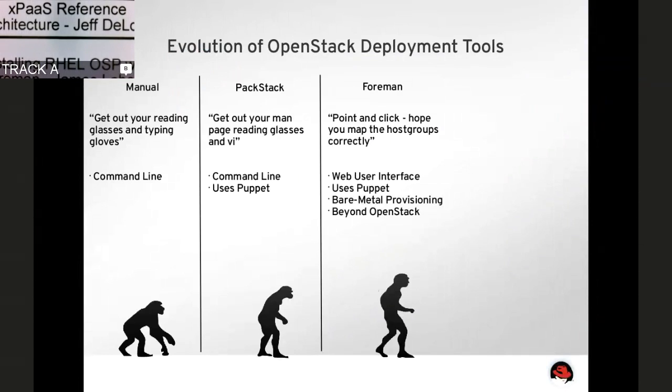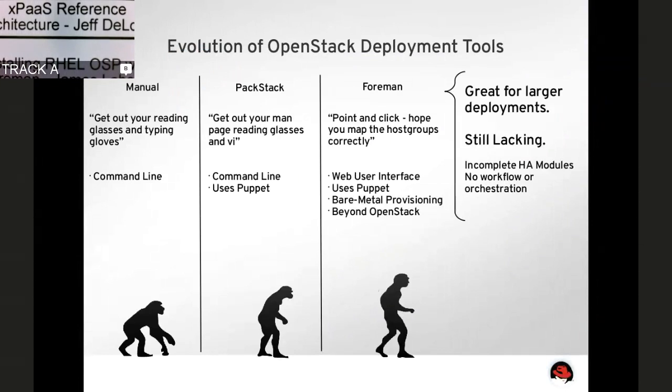So something that's really nice as we start to move into more complex deployments. So this is great for larger deployments, but it was still lacking. There were incomplete HA modules, and there was really no workflow or orchestration. So understanding what steps you had to take with Foreman was largely undocumented, and even if it was documented, it was not user-friendly.